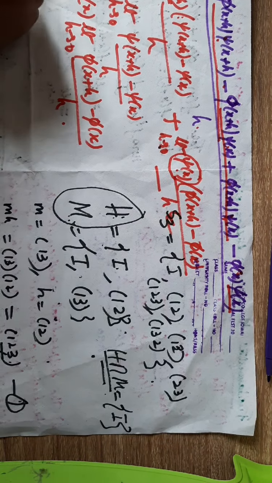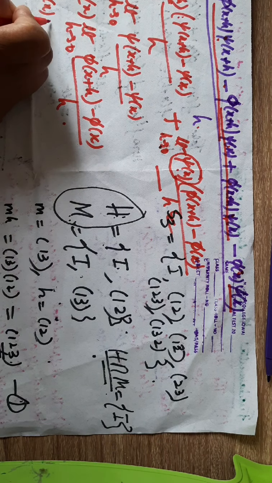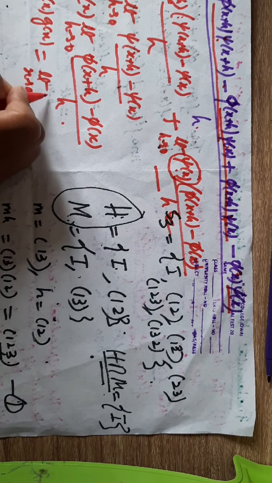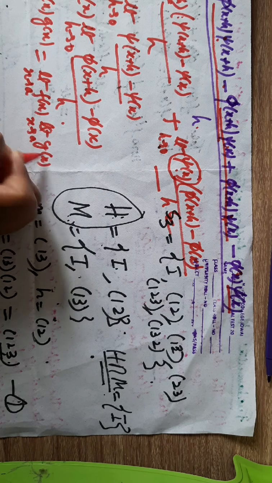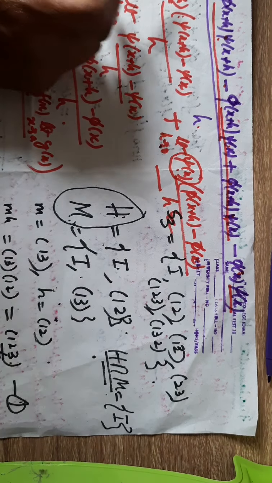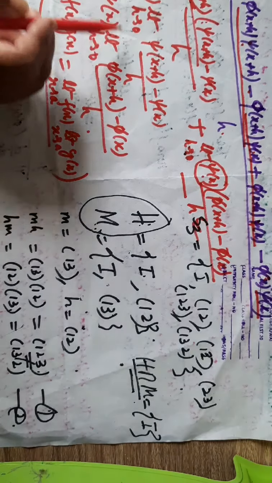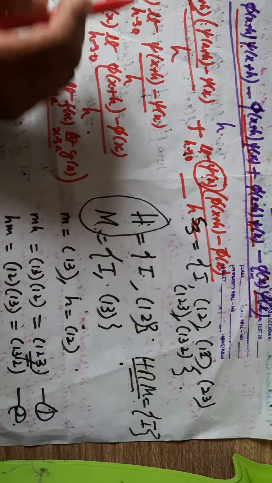From the theorem on limits of a function, limit x tends to a f x into g of x is equal to limit x tends to a f of x into limit x tends to a g of x. So by applying this property, I can express this one as the product of their limits. And here I'm taking chi x outside. Why? Because it does not depend on h.